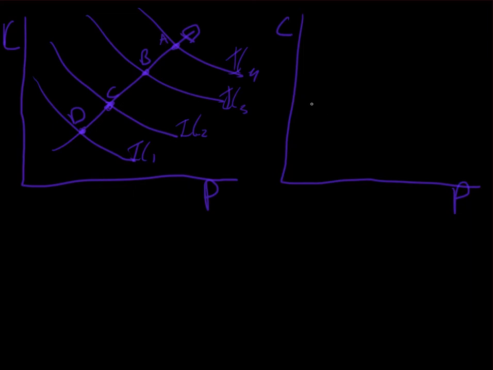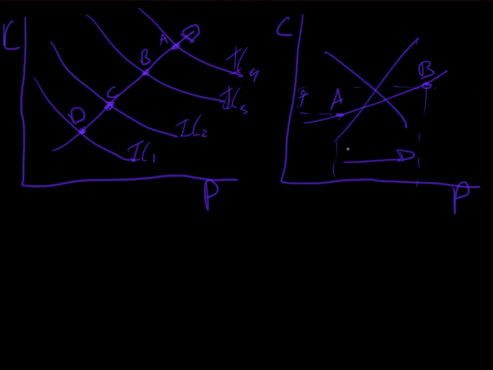If I were to make an indifference curve upward sloping, let's say a little bit upward sloping, this is contradictory because if I compare point A to point B, for point A compared to point B, I have more cola and I also have more pizza. This is impossible. So all indifference curves must be downward sloping. This upward sloping case is not possible. They have to be drawn as such.